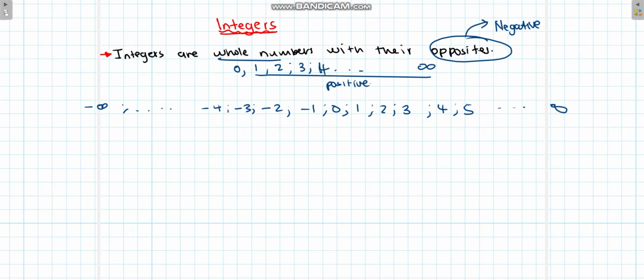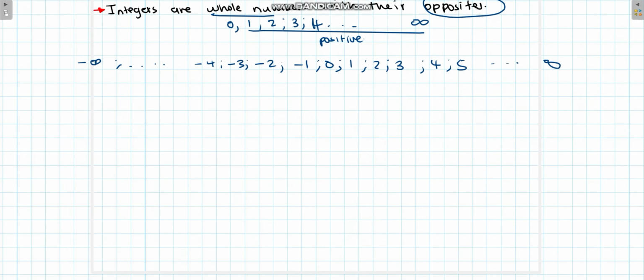Let's talk about adding and subtracting our integers. Since we'll be dealing with basic numbers, whatever we'll be doing to our basic numbers is the same thing that we'll be doing when we are having variables.